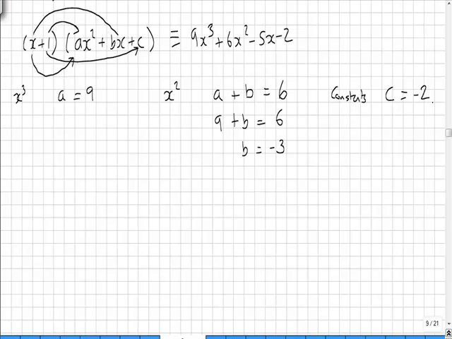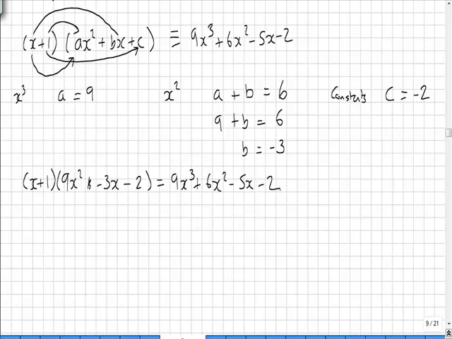So we now know that a is 9, b is minus 3 and c is minus 2. So we have x plus 1 times 9x squared minus 3x minus 2 equal to 9x cubed plus 6x squared minus 5x minus 2. Now we haven't quite finished yet.